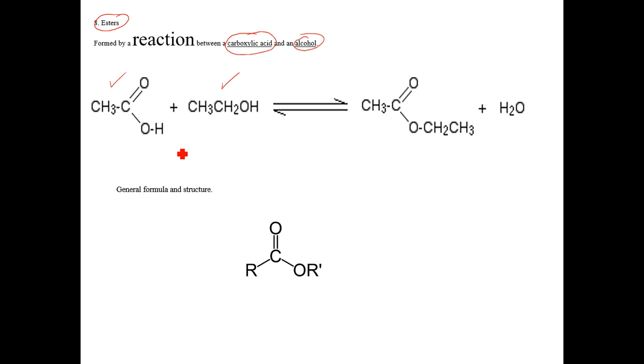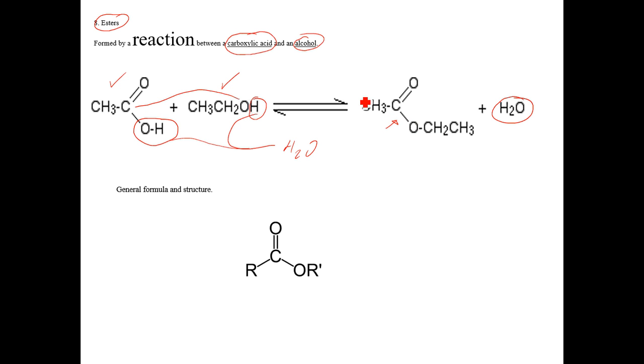So what is going to happen is we're going to take this hydroxyl group and this hydrogen, and they're going to be removed in the form of water, and this is the water that we see over here. And that's going to result in the remainder of the alcohol joining together with the carboxylic acid. It would be nice if this were flipped around the other way, because it's actually this oxygen and this carbon that are going to form a bond, and that's what we see right in here.